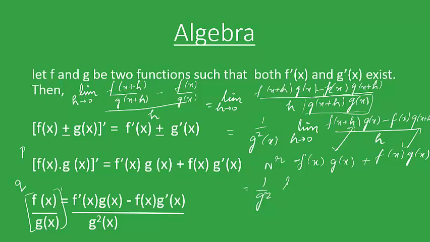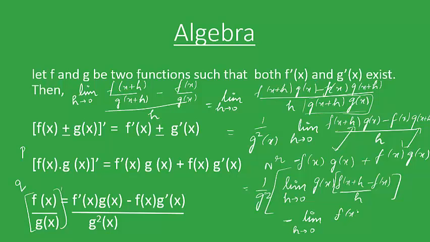So just separate out these two terms. We'll have limit g of x into f of x plus h minus f of x upon h, and the second expression would be minus limit h tends to 0 f of x into g of x plus h minus g of x upon h.